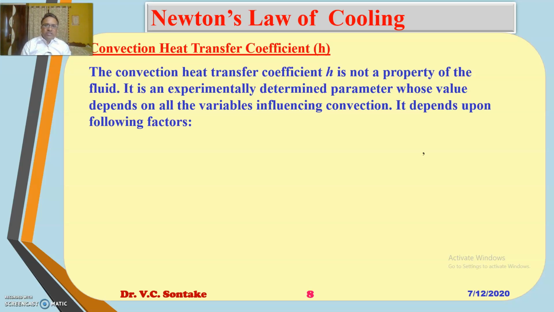Because convection is the mechanism where fluid movement comes into the picture, fluid mechanics and fluid properties also come into the picture. So there are many parameters related to the fluid properties and the surface properties, and the value of H will be the combined effect of all these surface as well as fluid properties.